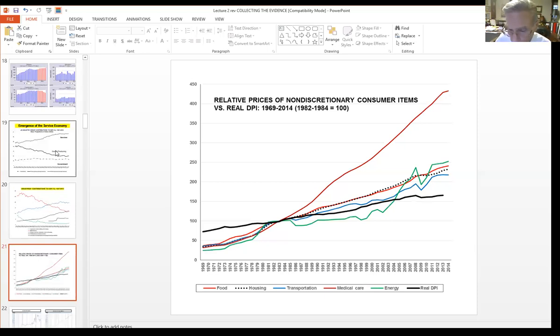And that line has been adjusted for inflation. But what you can see is that the prices of these non-discretionary goods and services, healthcare, food, shelter, transportation, those prices have risen faster than disposable income has risen.